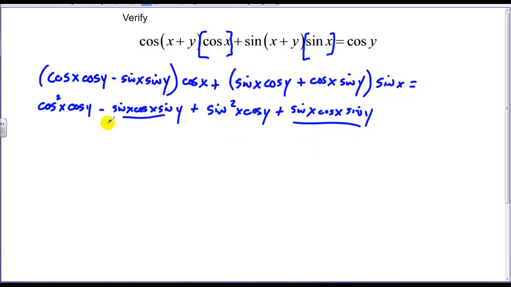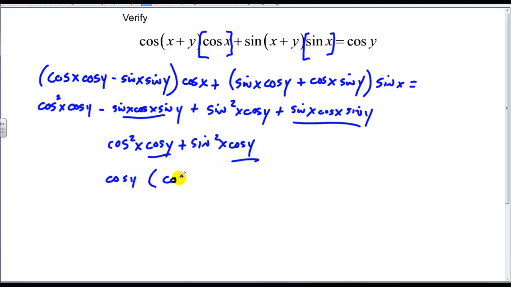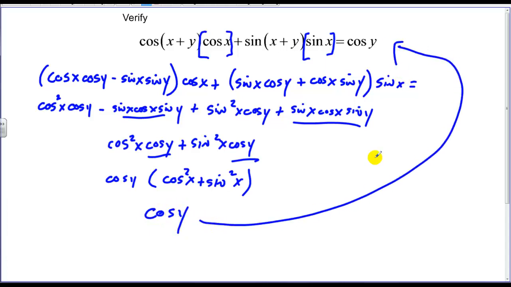Luckily, these two terms go away, which leaves me with cosine squared of x, cosine y, plus sine squared of x, cosine y. We're fortunate. Cosine of y is in common, so I'll factor that. I get a cosine squared of x plus sine squared of x. We're starting to get real happy. This is just 1. We know that to be a Pythagorean identity. So I'm left with cosine of y, which, what do you know? That's exactly what we want.